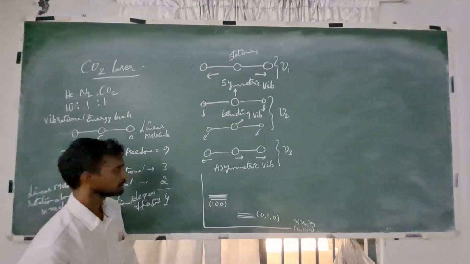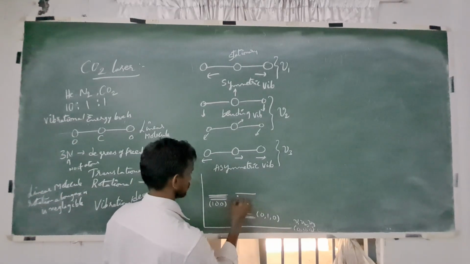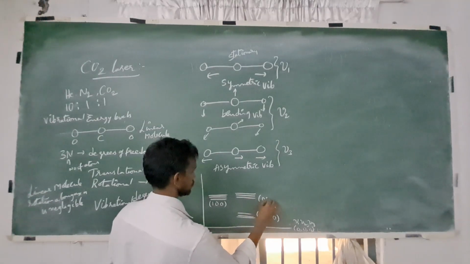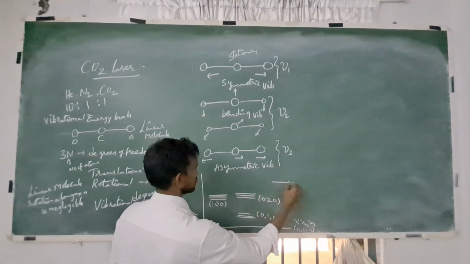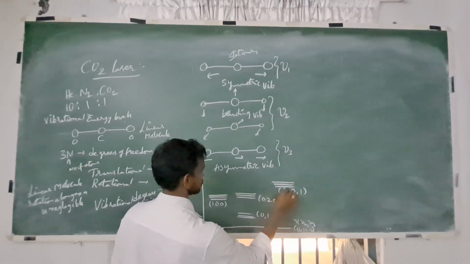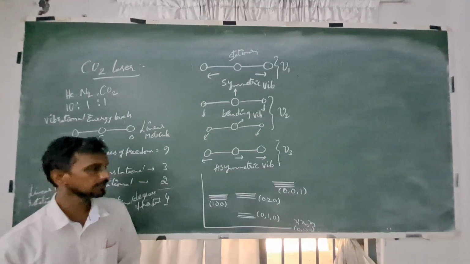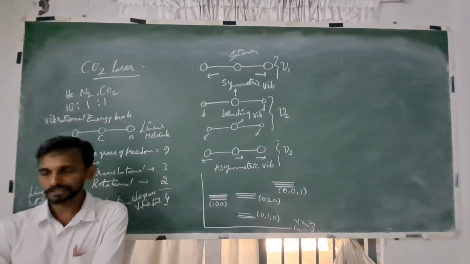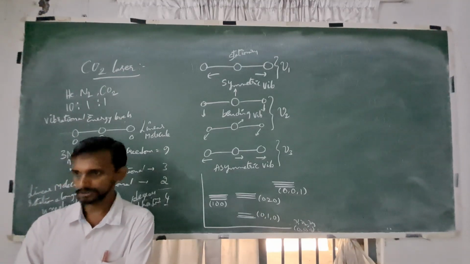The next one is 0 2 0. Here it is 0 0 1. Antisymmetric vibration is the most difficult. It takes a larger amount of energy.